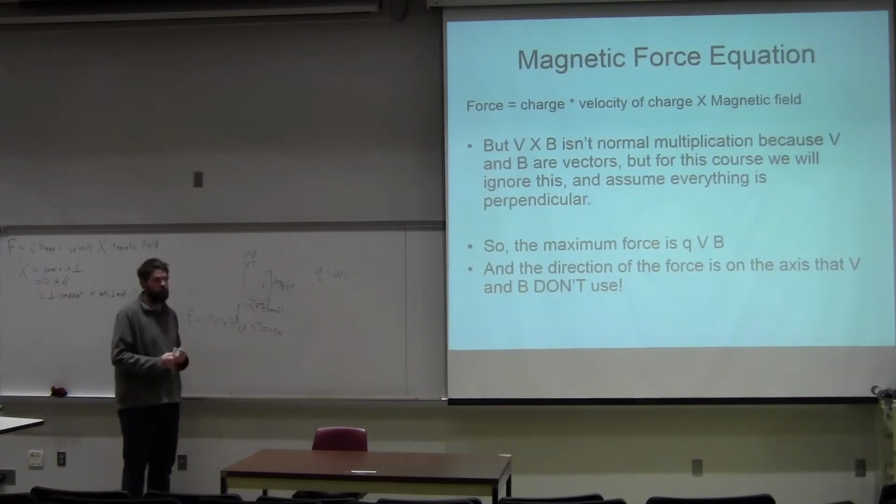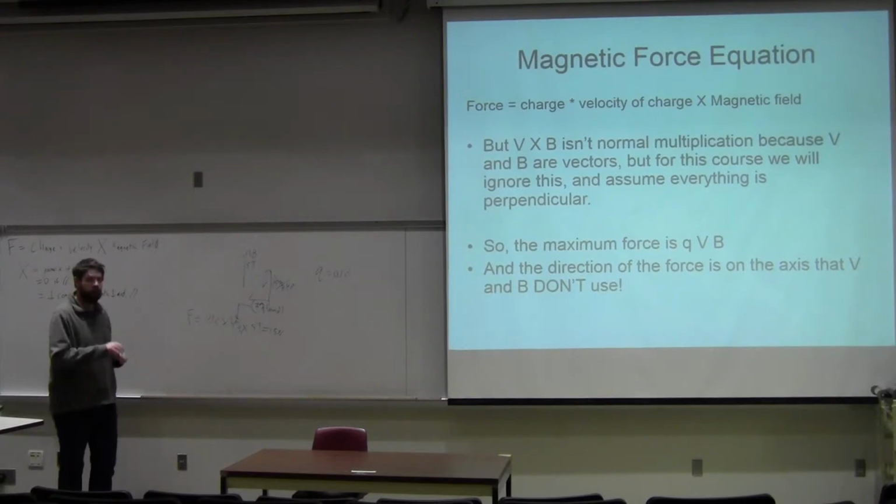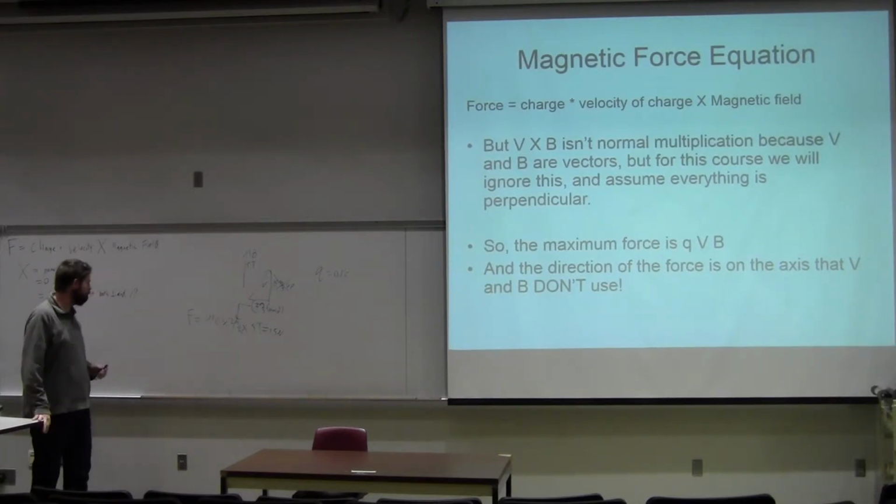I won't give you any more to be able to figure out which way is which, because in this class I'm not going to have you calculate that specifically. I just want you to say out of board or into board, or you can call this the Z direction, and this would be the Y and X direction. That's good enough for this class.